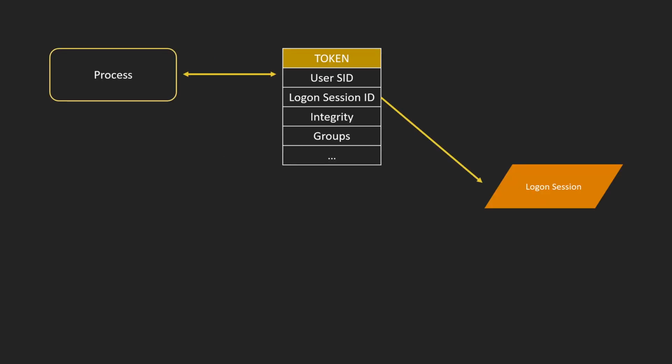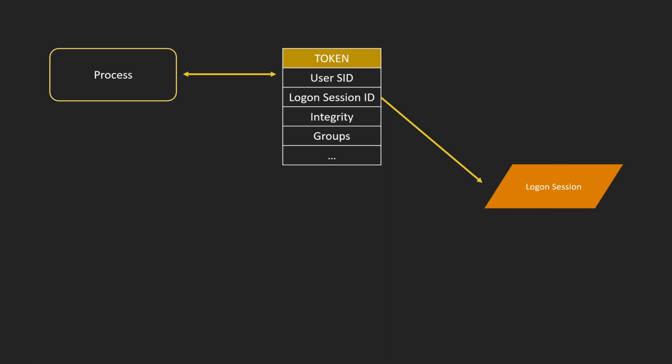For token impersonation, let's imagine we have compromised a system and the Bulma user, a domain administrator, is working there. We will spot processes from Bulma. Those processes will have a token belonging to Bulma and a linked logon session that, hopefully, will have cached credentials.